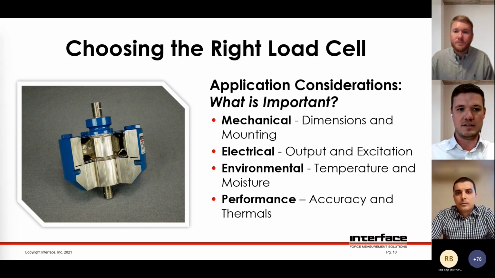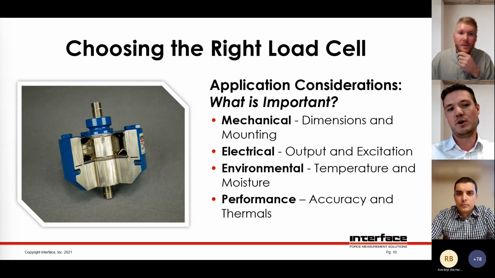We can also talk about things like pressured environments, so in vacuums or in high pressures, we might need to do a vented load cell, so that the internal cavity is not applying load to the flexure due to the pressure variance. And the last thing we need to look at is the accuracy performance of the load cell.